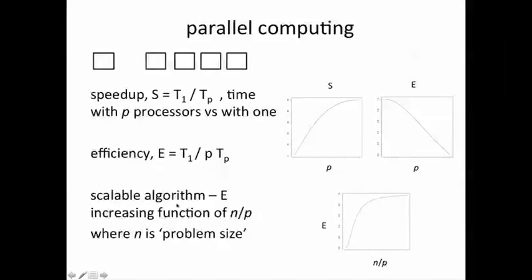So a scalable algorithm is one where as the problem size goes up in proportion to the number of processors that you throw at the problem, you get better and better efficiency.